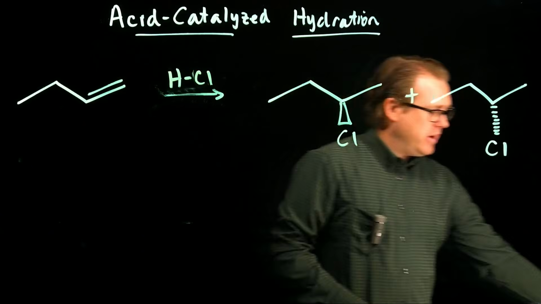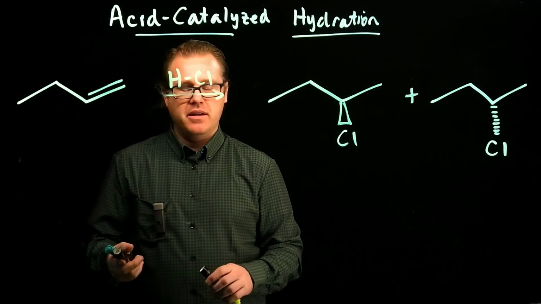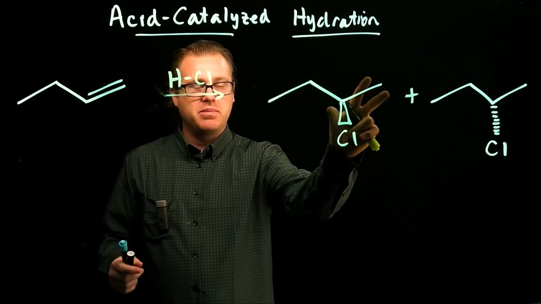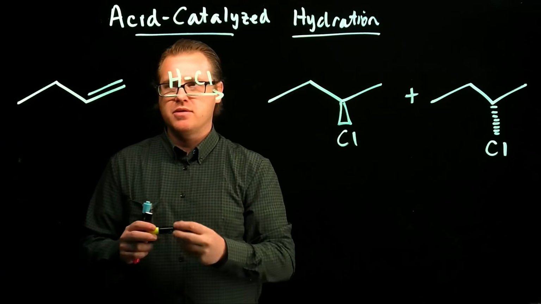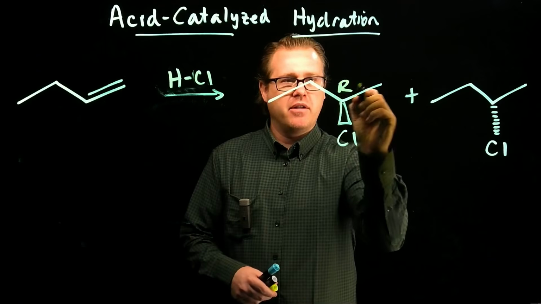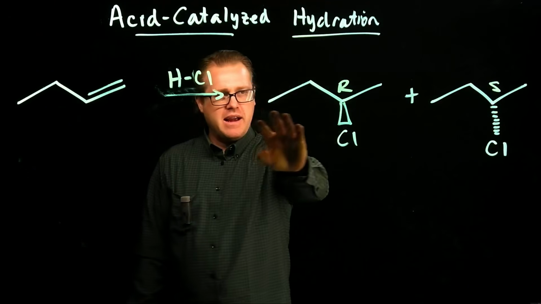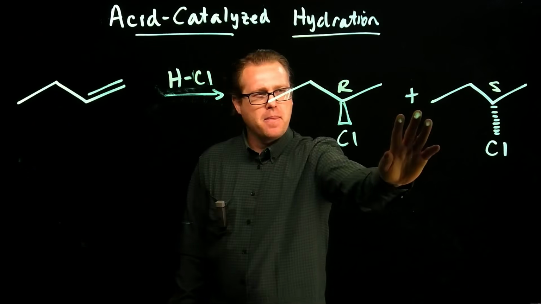And we have this regiochemistry that we have to account for, and that's explained by Markovnikov's rule. But then we have two different stereocenters, right? We have our R and our S. And when we do this reaction, we get a mixture of these products, right?